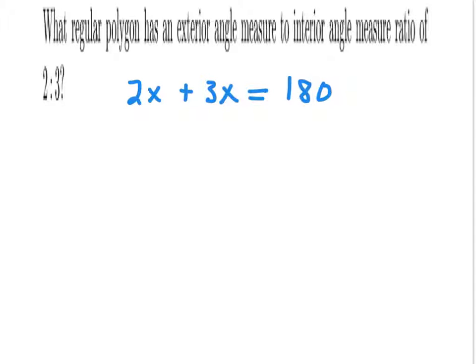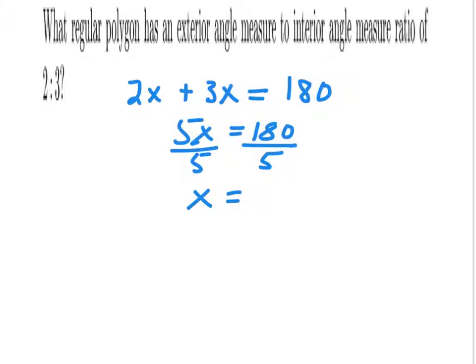So you're going to have 5x equals 180, divided by 5, and you get x equals 36. So that's your multiplier, so you don't even need to think of degrees there. You have 2 times 36, so the exterior angle is 72.